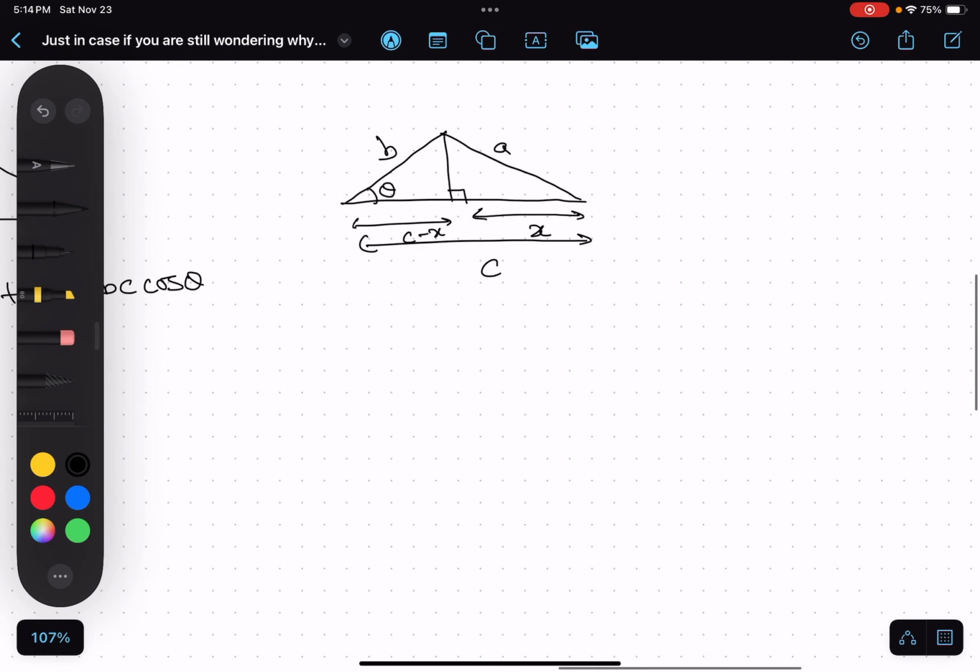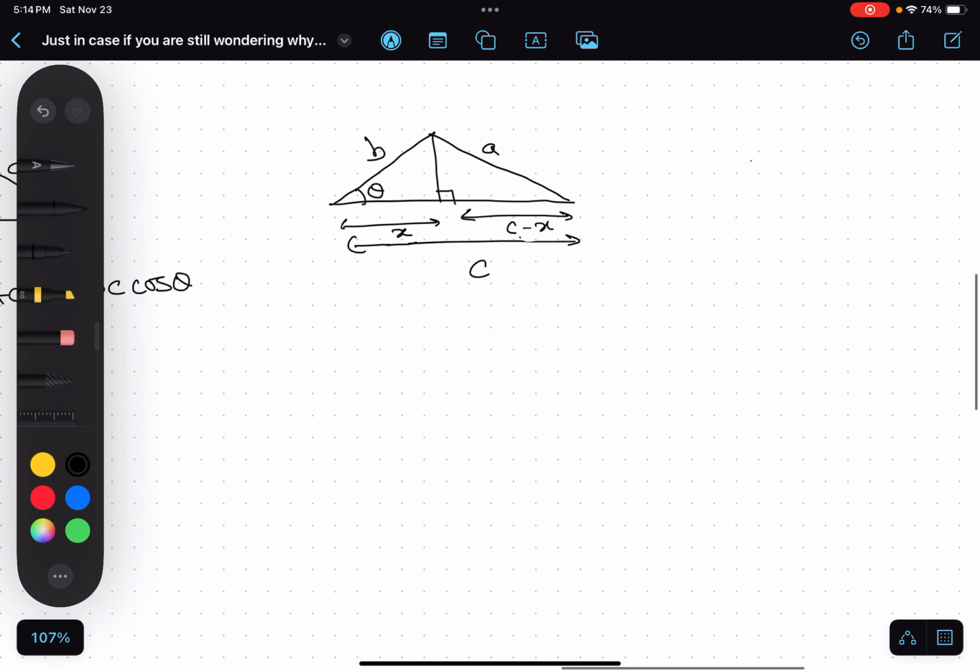Okay, let me do a slight change. Let me say that this is x and this is c minus x. Now what I'm thinking is I know that x is just b cos theta, right? X is just b cos theta.